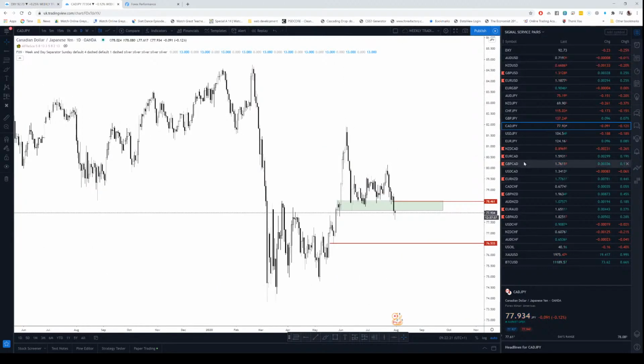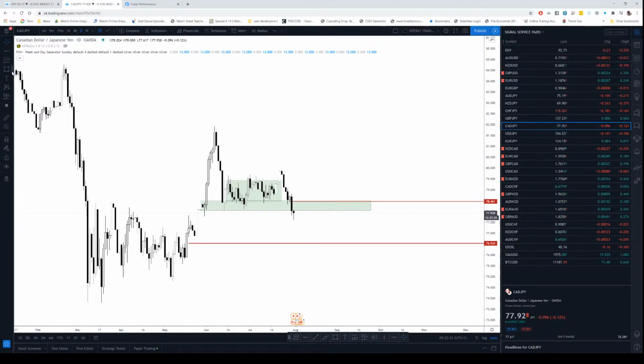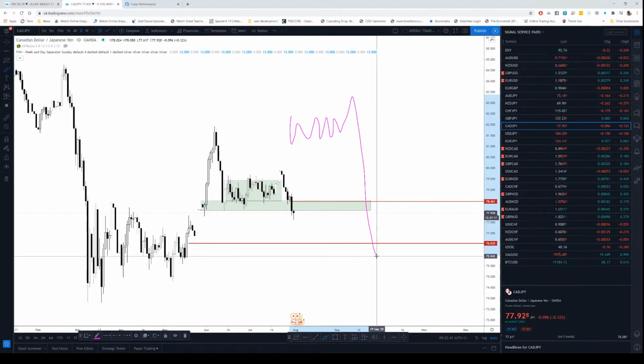This indicates that there's a big move coming in. What I showed you earlier: consolidation, fake to the upside, and then a move to the downside.